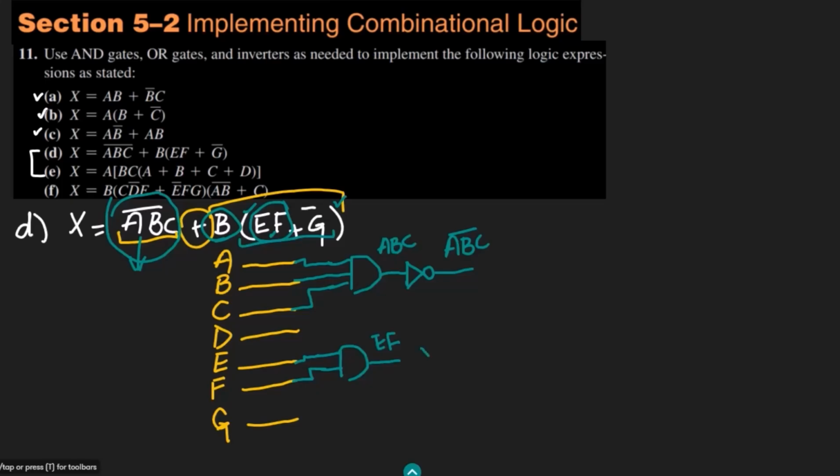So I have to use this OR gate with two inputs. To one input this EF will be given, while to the second one G which is inverted, so I will get G complement. And here I will get EF plus G complement, which is a part.